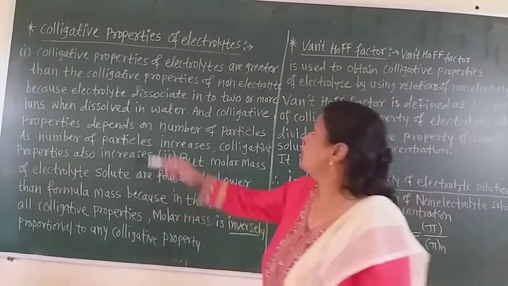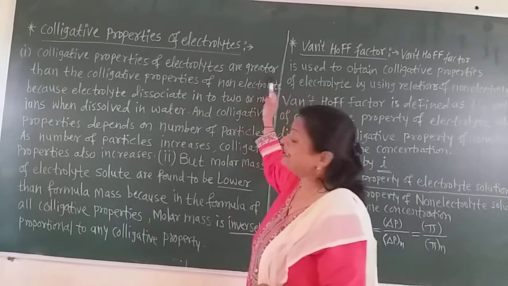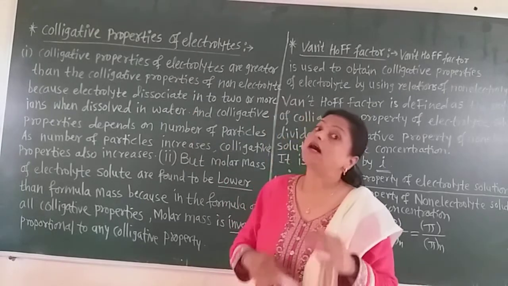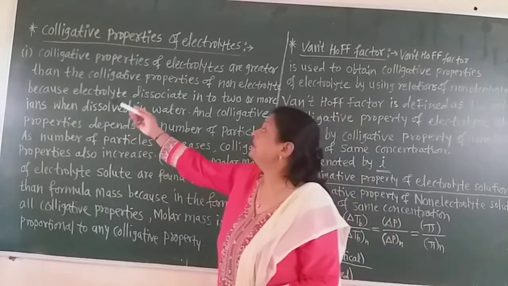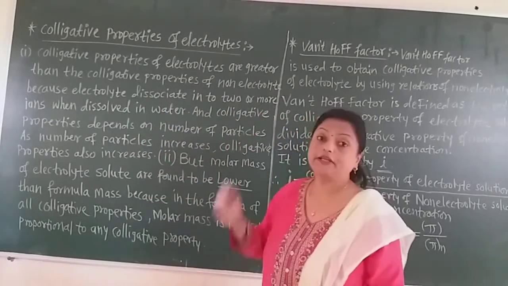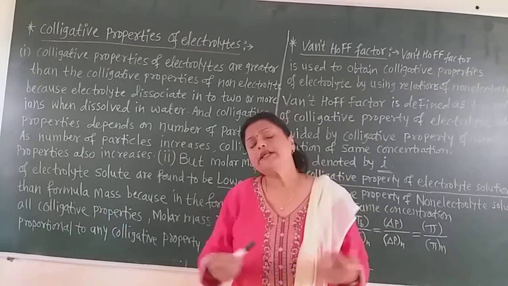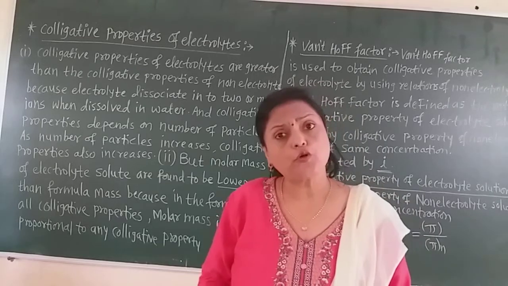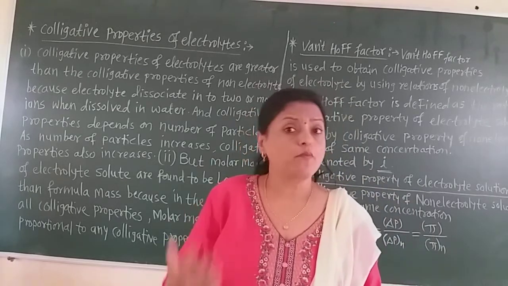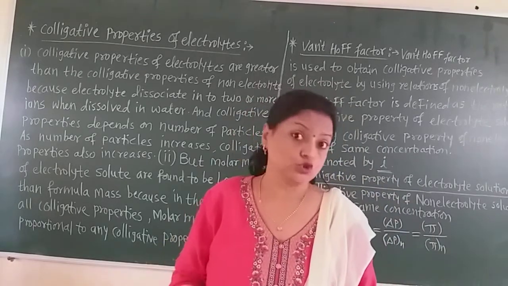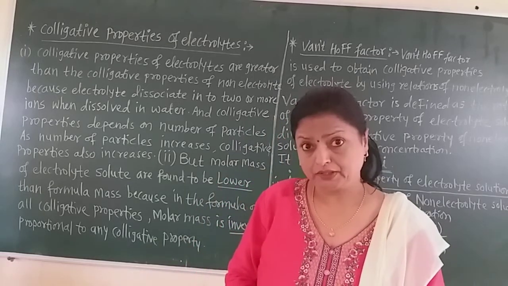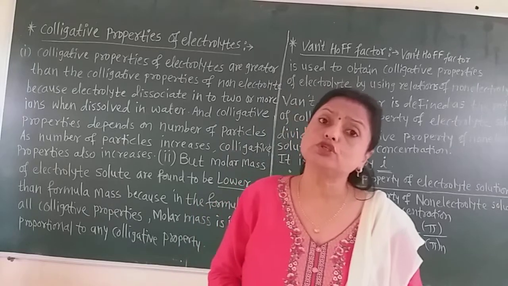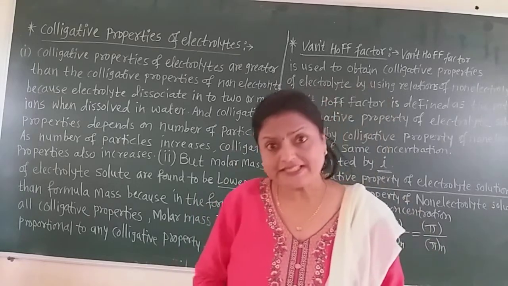The colligative properties of electrolytes are always greater than the colligative properties of non-electrolytes. Then what is the reason behind that? We know that colligative properties depend upon the number of particles of the solute present in the solution. The non-electrolyte, after dissolving in the solvent, does not dissociate.